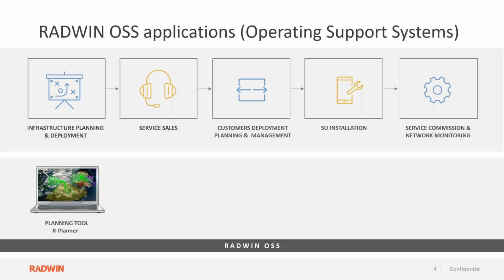The TV white space is for non-line-of-sight solutions, vegetation, and for a 60 gig solution to provide higher capacity for cities, towns, and neighborhoods. So the radio planning has all these capabilities, but we also have the service estimation tool. It's all on the cloud.